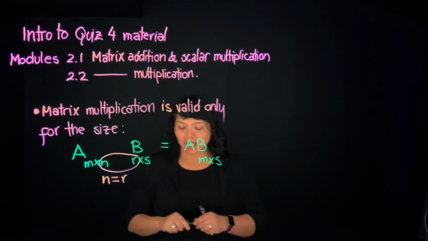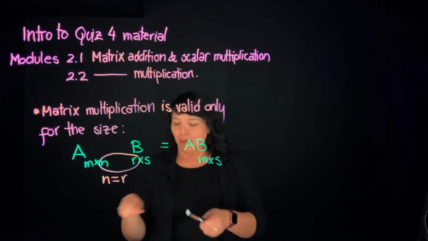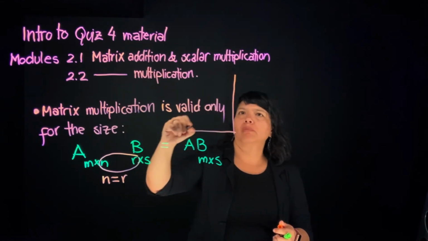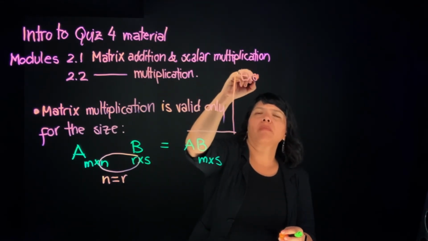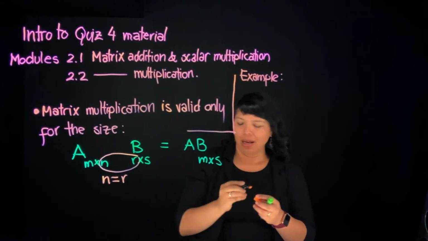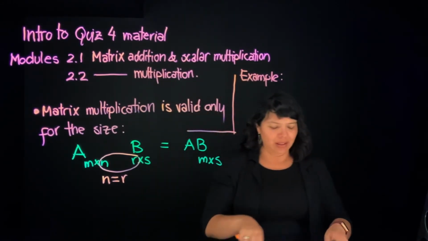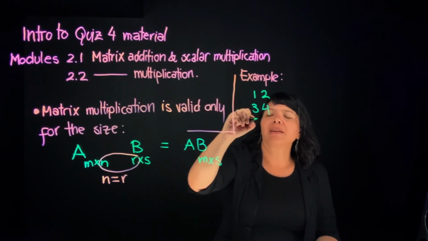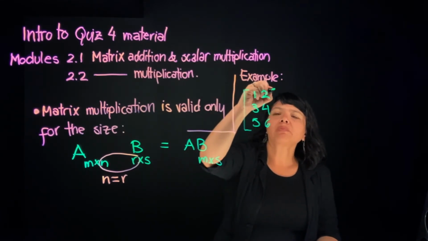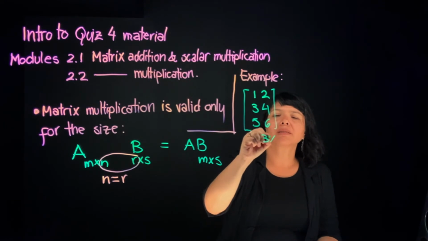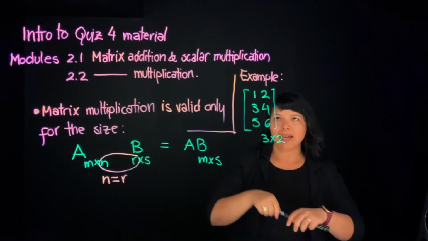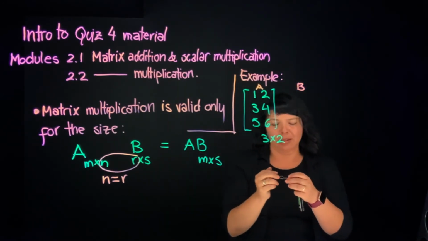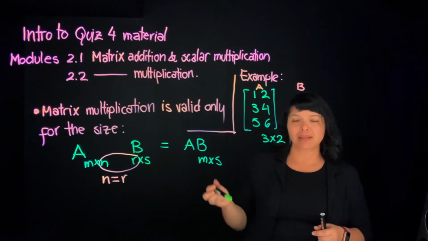Okay? So let me give you an example about the way this works. Let me start again with the same matrix A as before, just because it's easier for me: 1, 2, 3, 4, 5, 6. So this is a 3 by 2 matrix, and this is my A. If I want to multiply it times a B matrix, it only makes sense to have a matrix that is 2 by something else.